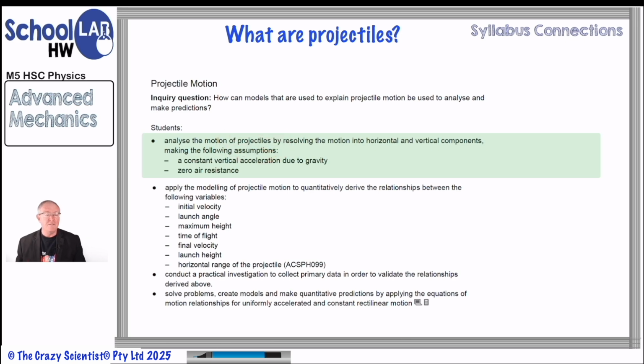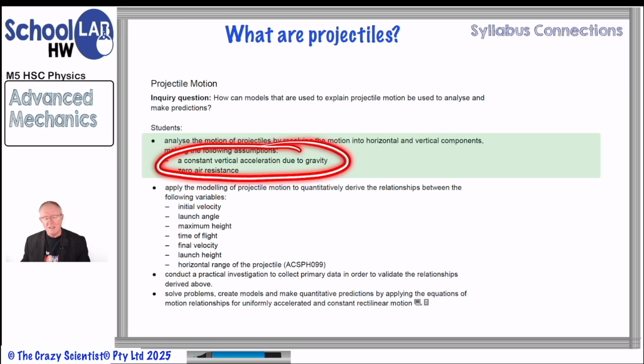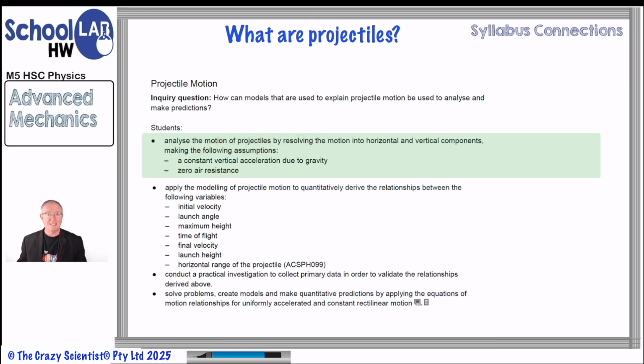Just like Year 11, some of the videos that I make here don't directly relate to explicit statements of the syllabus, because when they write the syllabus, one word that they use may link to many, many concepts. Some of these syllabus points are so big and broad and vague that we've got to interpret them in a certain way. But with this particular one, we're going to be looking at these key features to do with that syllabus dot point. So let's get into it.